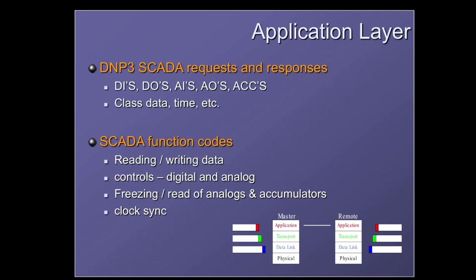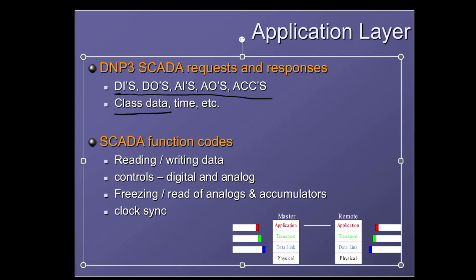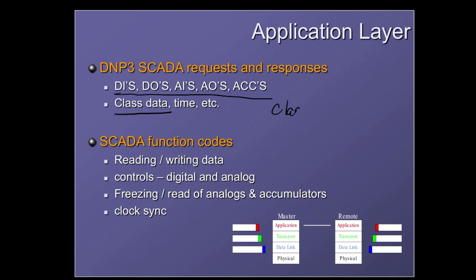So when it comes to our requests and responses, we're working on one of these data types, right? Whether it be DIs, DOs, AIs, AOs, counters, or accumulators, or our all-encompassing class data, of which class 0 is our real-time or static, and class 1, 2, 3 now is our event data.